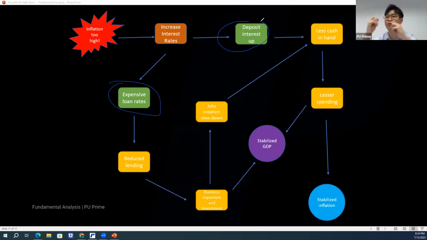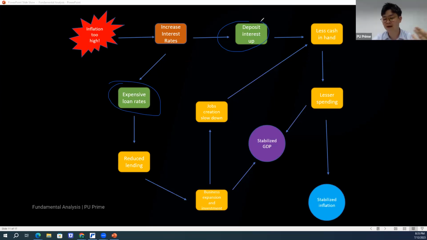Two things. When you increase the interest rate, the borrowing cost is going to increase. Okay, when the borrowing cost increases, nobody is going to borrow from the bank and buy anything anymore. For example, if you want to buy a car now, previously at 1% interest, of course you are going to buy a good car.